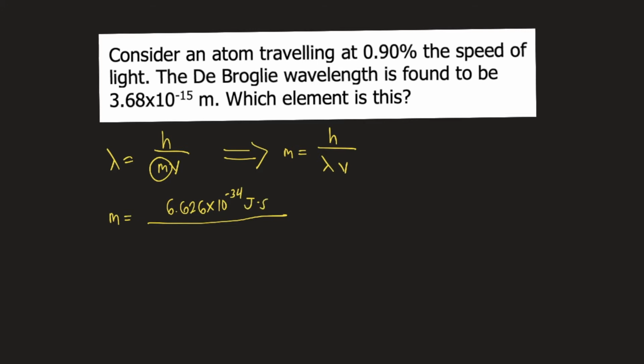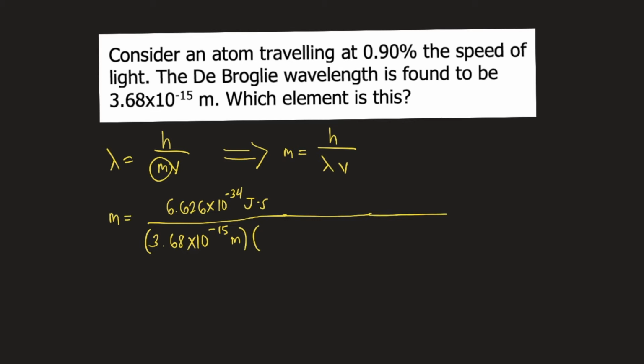That's the value of Planck's constant h over lambda, and the unit must be in meters. So lambda is the de Broglie wavelength, 3.68 times 10 to the negative 15 meters, and v is the velocity. The problem says the atom is traveling at 0.90% the speed of light.